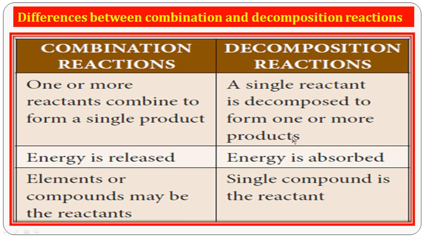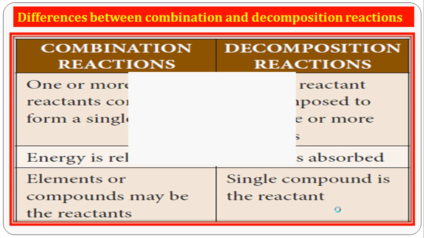Calcium carbonate is decomposed to form calcium oxide and carbon dioxide. Second point, the energy is released. Here the energy is absorbed. Third point, elements or compounds may be the reactants. Here a single compound is the reactant.